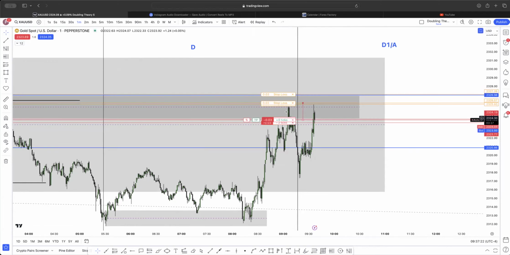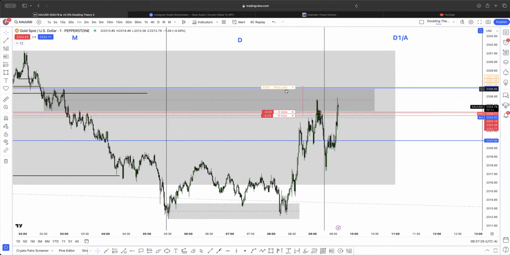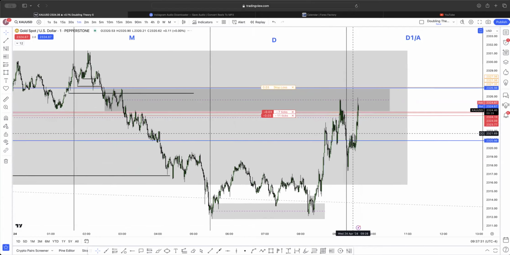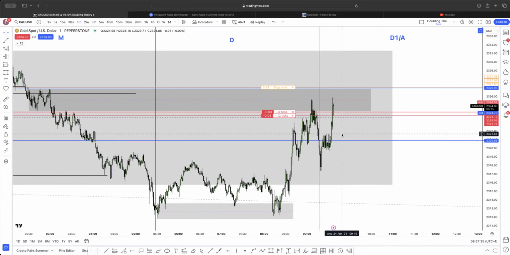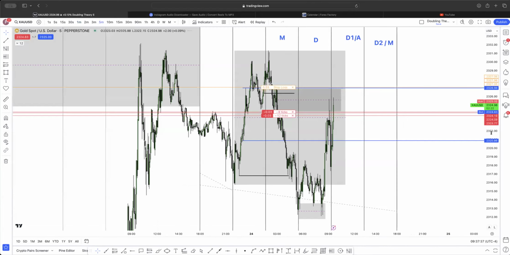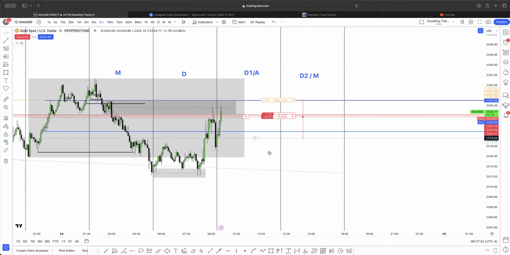All right, right there. And if you go and take that high out, then unfortunately, while the bias is there, it will play out later and not now. Okay, so for the 5 minute, same TP.